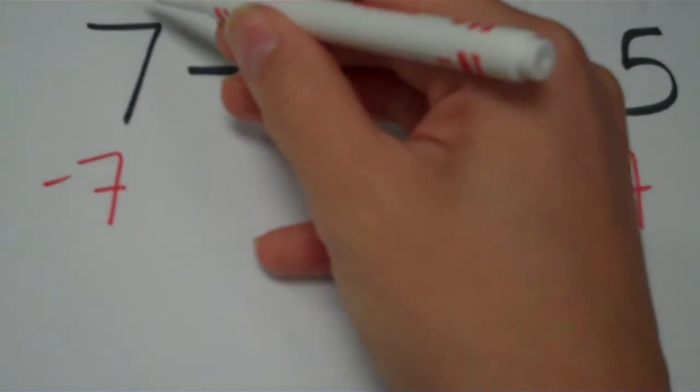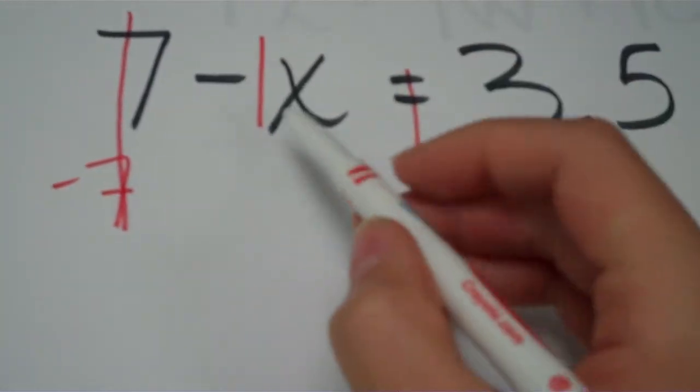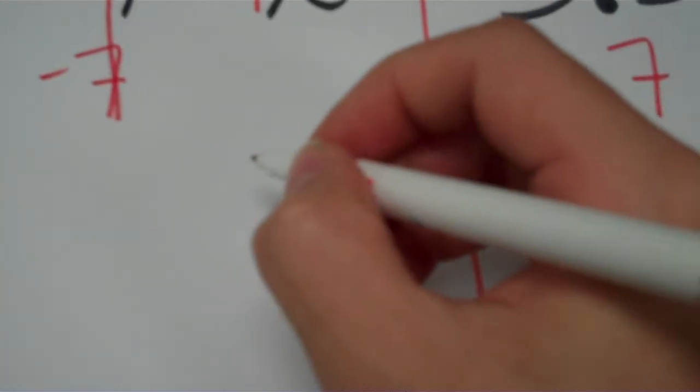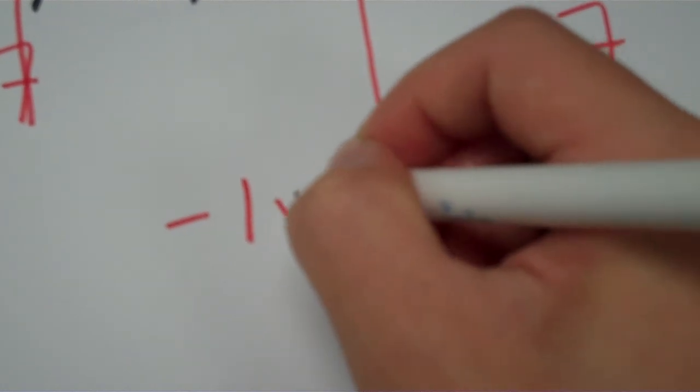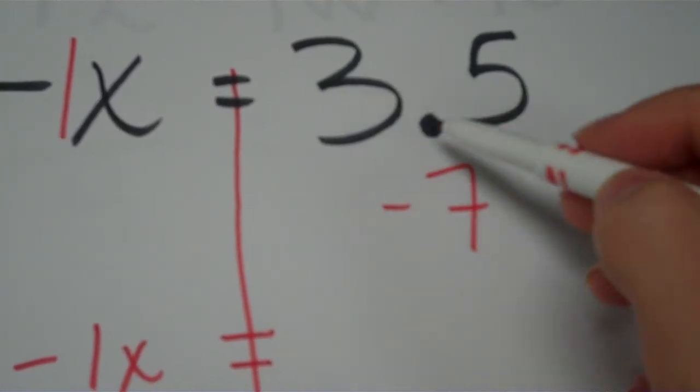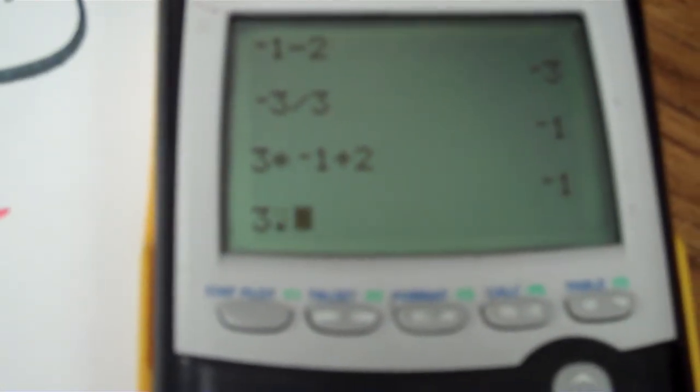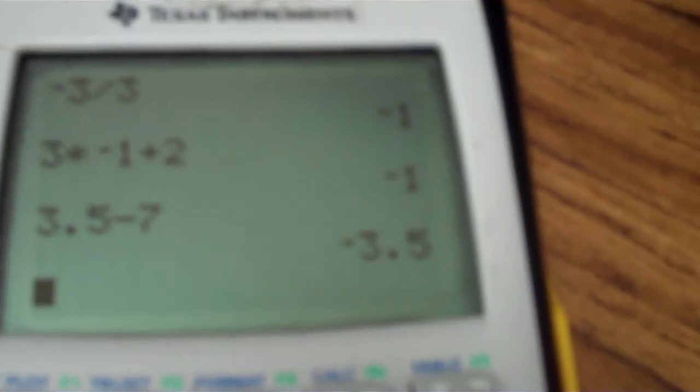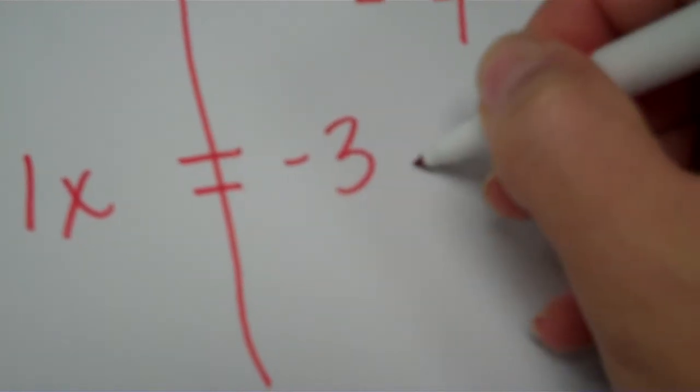Okay? This goes away because it's an opposite. Make sure you write negative 1x down here. Negative 1x equals. And then 3.5 minus 7. Get your calculator. Make sure you're doing 3.5 minus 7 is negative 3.5. Okay? So negative 3.5.